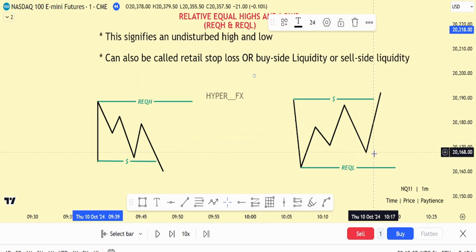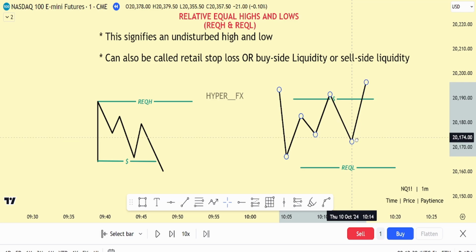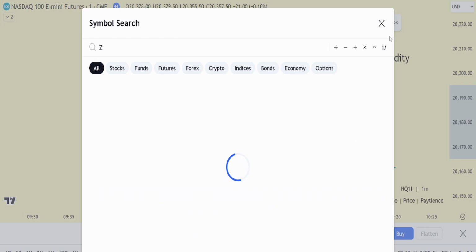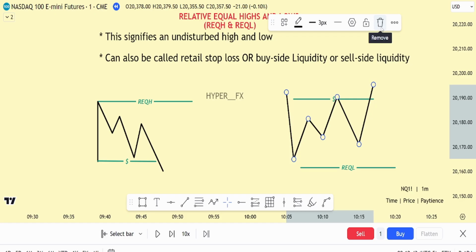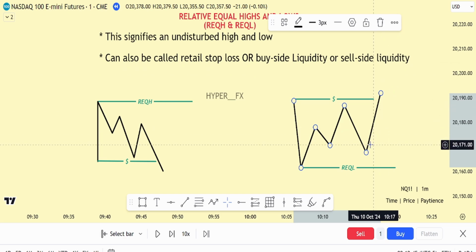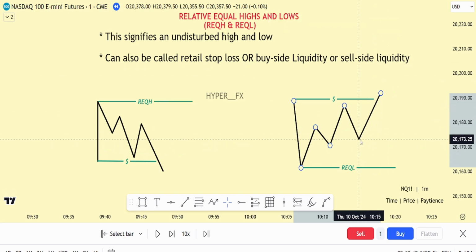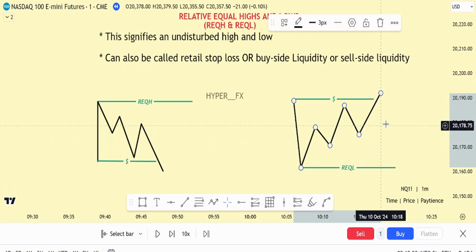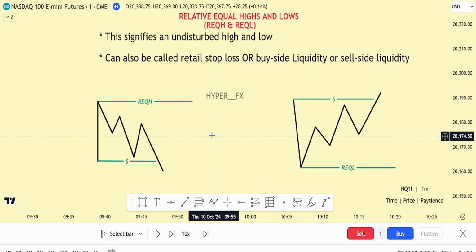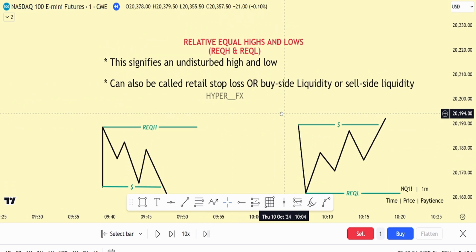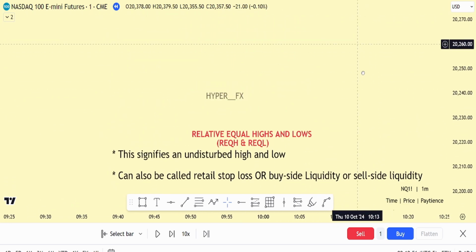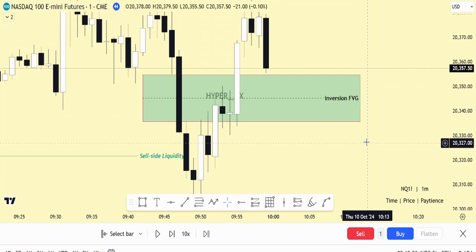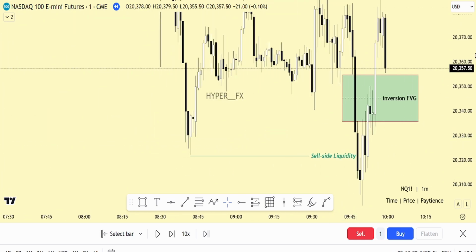I'm going to quickly go to the chart to show you an example of what I'm talking about. Let me show you a perfect illustration of what I mean in price.